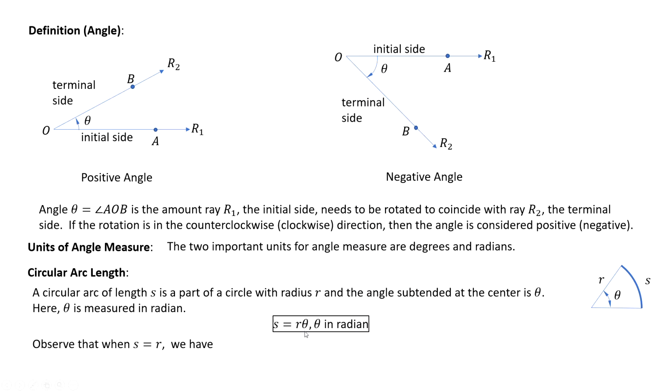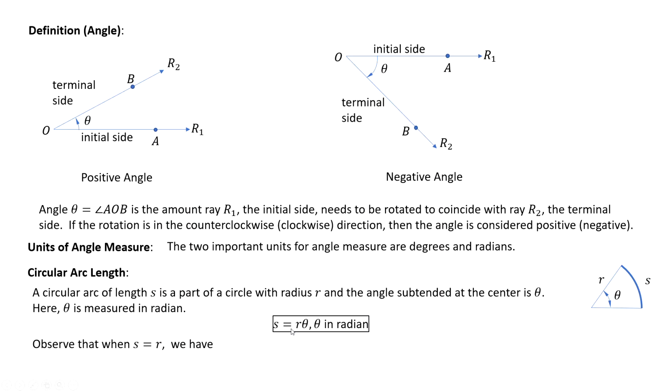When S equals R, what should be the value of theta according to this? I don't know, man. Well, you do. Think about it. Because S equals R, can I replace this S with an R? On the left hand side I have an S. Can I replace it with an R? Yes, because S equals R. So that means we have R equals R theta.